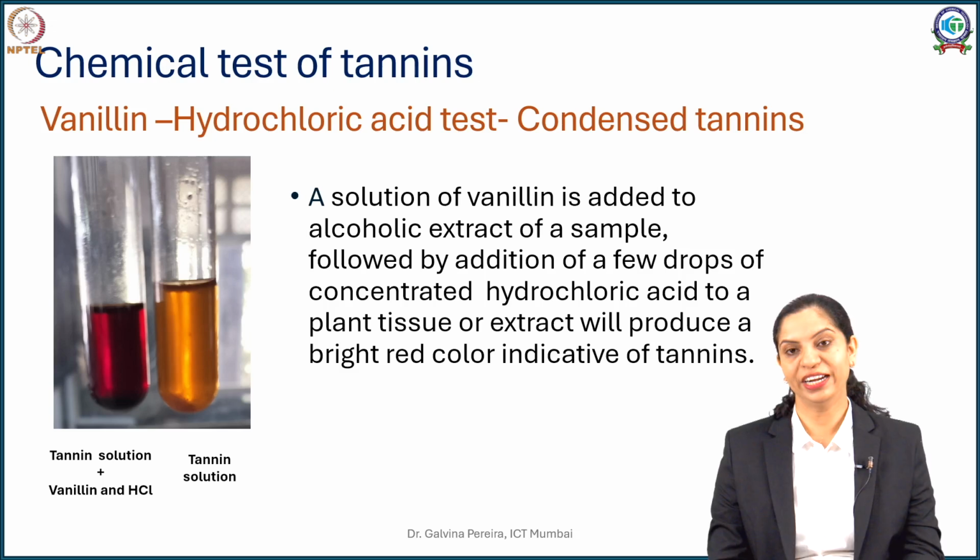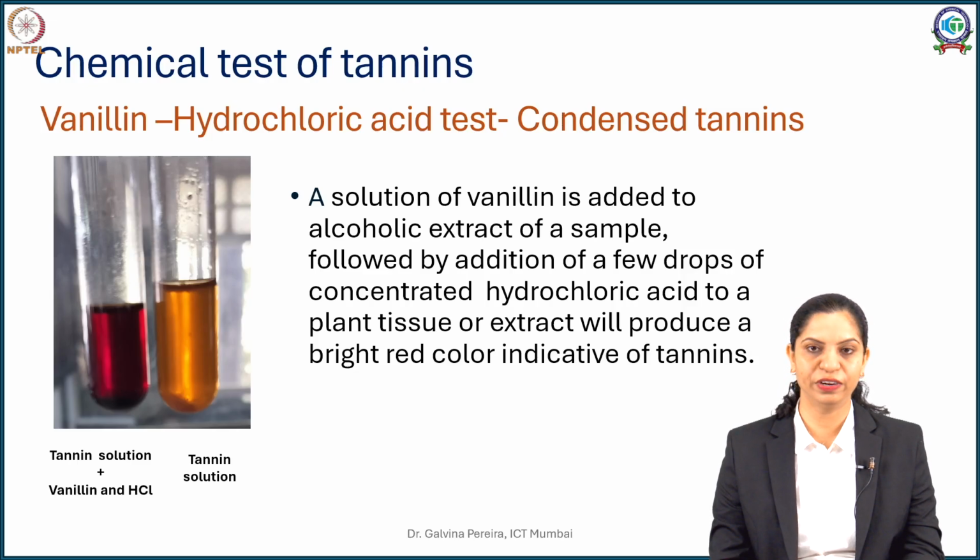Another test for condensed tannins, especially the flavanol type, is when you treat it with vanillin hydrochloric acid. Now vanillin in presence of acidic pH reacts with flavan, especially the meta-substituted flavan derivatives, to give you a reddish color complex. Now this is an electrophilic reaction where you get a vanillin adduct.